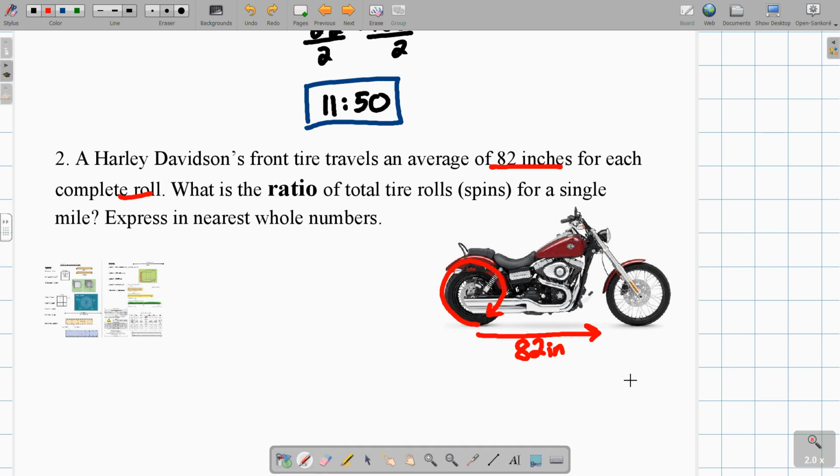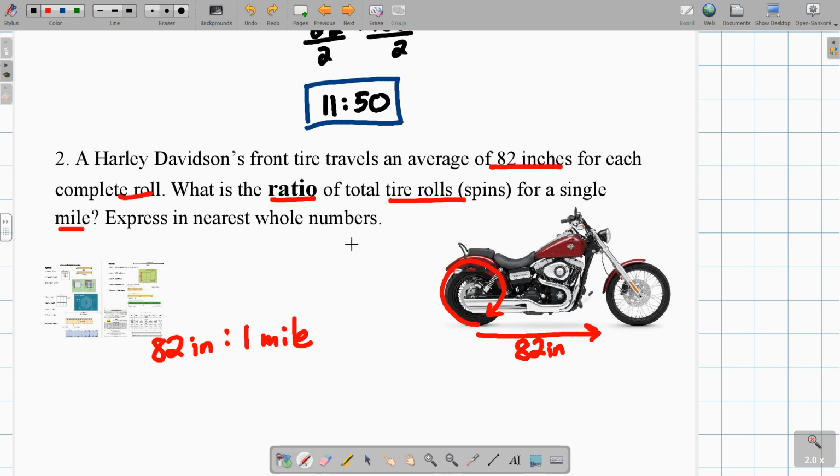I actually calculated that for an average Harley tire. So it rolls, and we're asking what is the ratio of tire rolls for a single mile. So we're asking ourselves how many 82 inches, what is the ratio going into 1 mile?